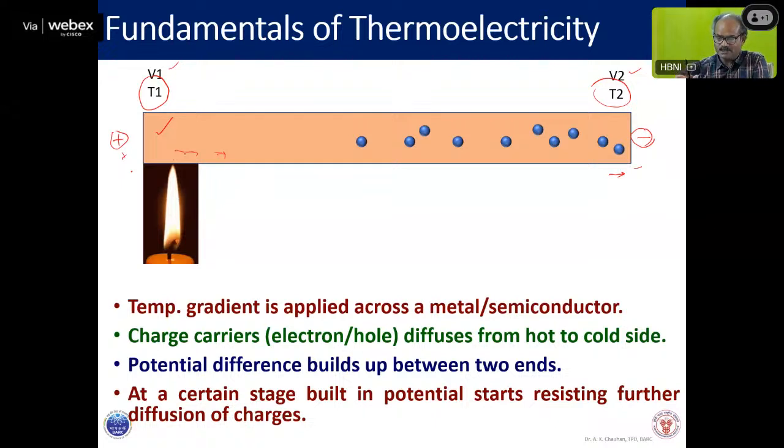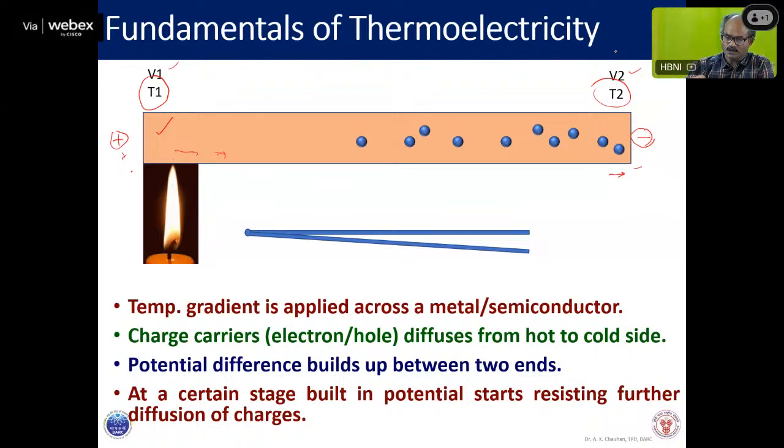After some time, an equilibrium will be established. Under this equilibrium, there will be a certain potential V2 that can be measured, and there will be a definite temperature gradient, that is, T1 minus T2 divided by the length of this rod.